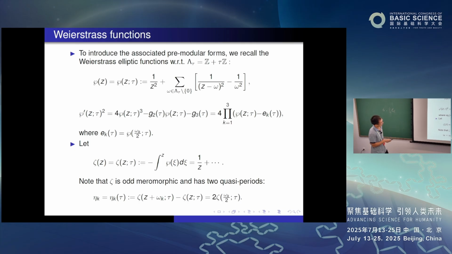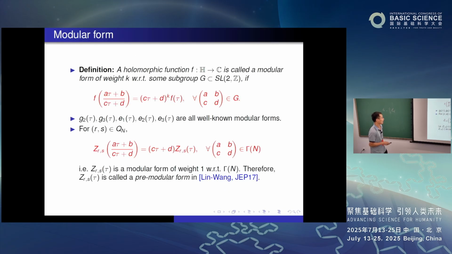So here are five classical special functions, and these five special functions are all well-known modular forms. For this Z_{r,s}(tau), when (r,s) belong to Q_n, it satisfies this formula.